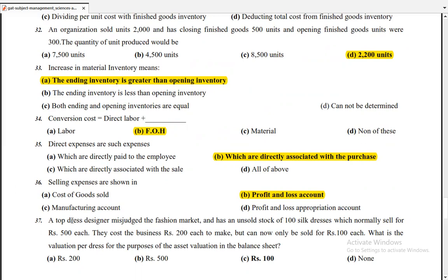A top dress designer misjudged the fashion market and has an unsold stock of 100 silk dresses, which normally sell for rupees 500 each. They cost the business rupees 200 each to make, but can now only be sold for rupees 100 each. What is the valuation per dress for the purpose of the asset valuation in the balance sheet? It is 100.